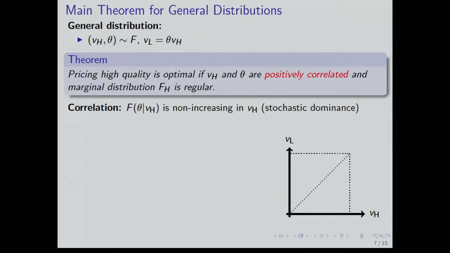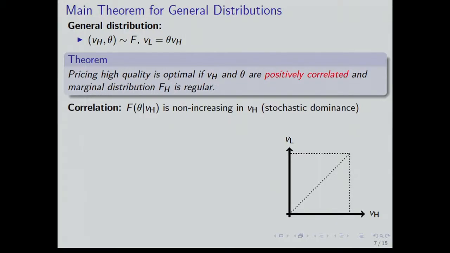Formally, it is positive correlation in the first-order stochastic dominance sense, meaning that let's say that you are given VH, value for high quality. That will imply a conditional distribution for the discount factor, which is the probability that, given VH, your discount factor is below a certain theta.